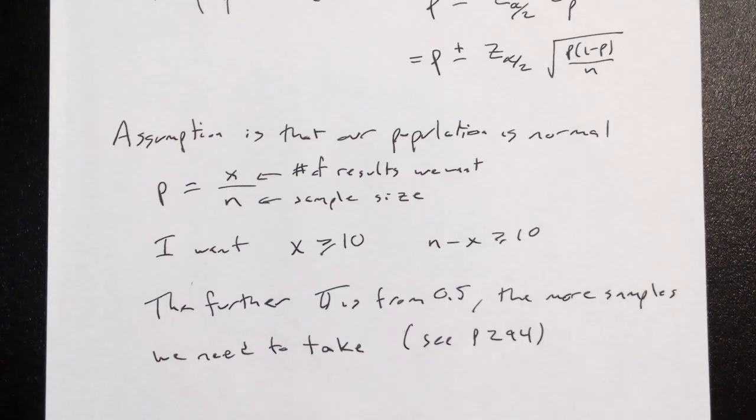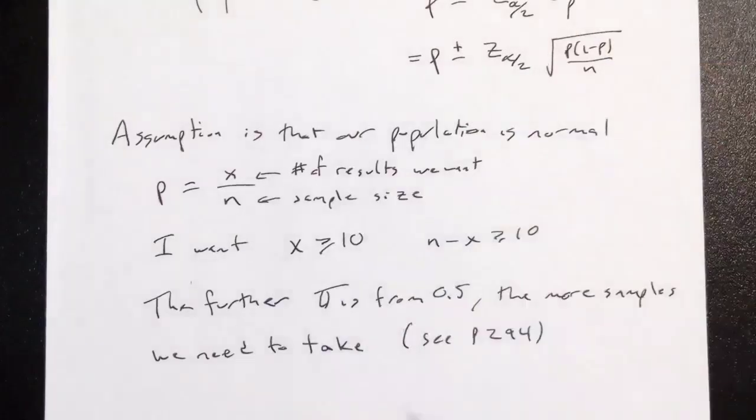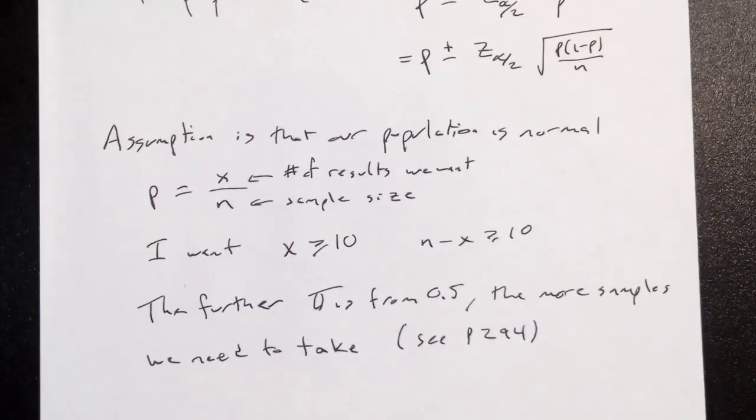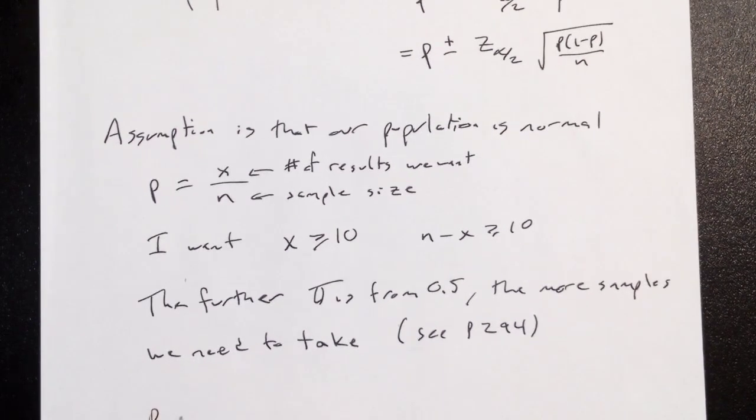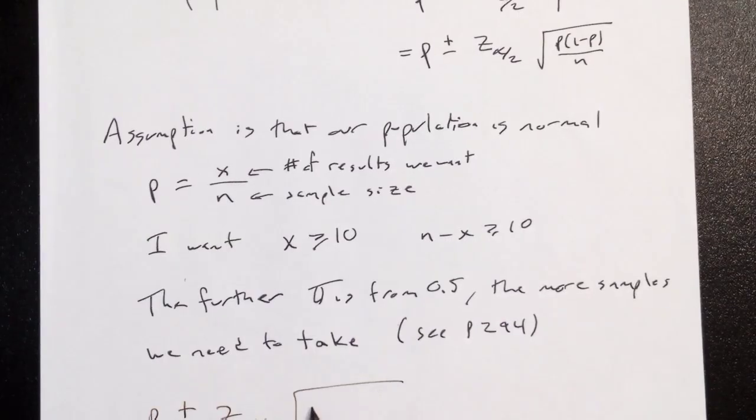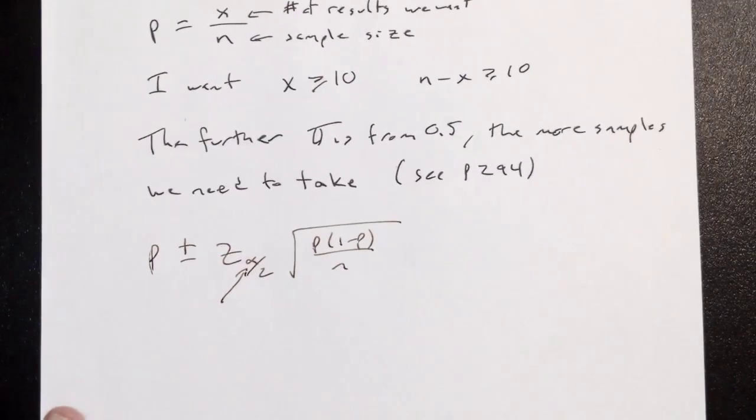So when I look up at this estimator and I say, oh, my confidence interval is centered around this proportion P, this estimator, alpha is our confidence level.